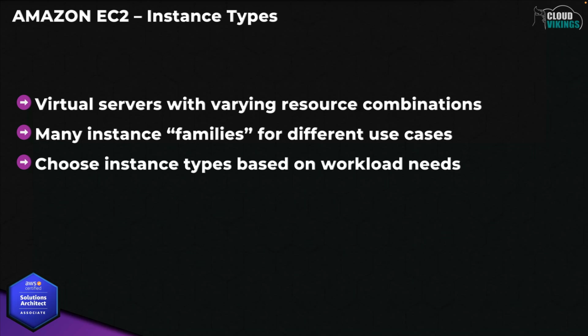For example, if your web server is mostly idle but occasionally gets bursts of traffic, a burstable instance might be a very cost-effective choice. If you're running a database that needs to keep large portions of data in RAM, a memory-optimized instance would be ideal in that type of case. Again, the main goal here is to match the instance's strengths to your specific workload use case. And this is a key skill for a Solutions Architect and really helps ensure both performance and cost efficiency.